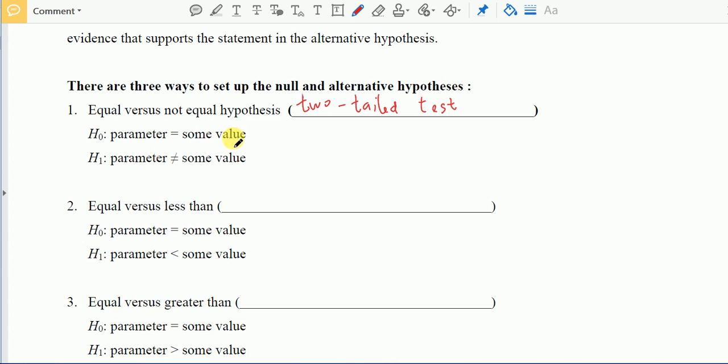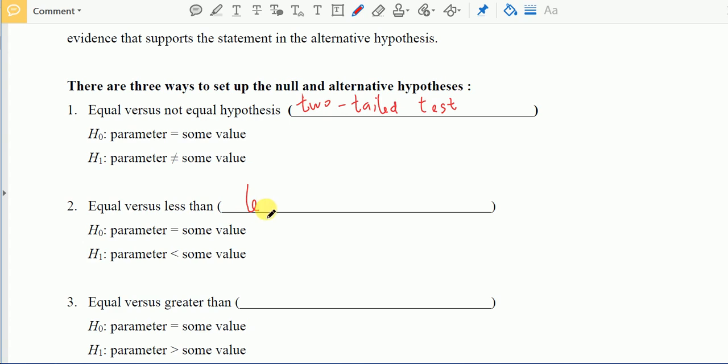The alternative hypothesis says that the claim is that the parameter is not equal to the given value. So we have a two-tailed test. The existing one is equal, and now we claim that it is not equal. So this is two tails.